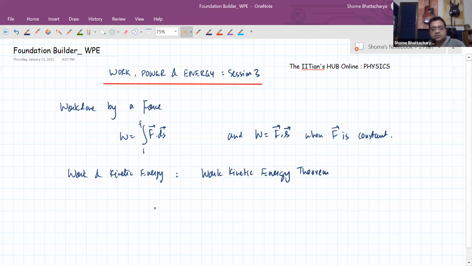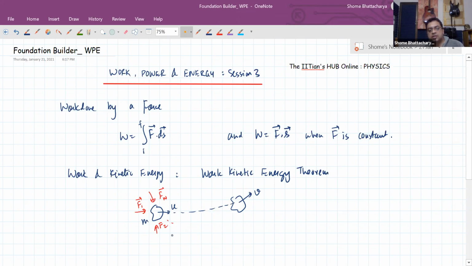So basically what happens is, suppose a body is moving with the initial velocity u, and there are a number of forces acting on it, a combination of many forces, F1, F2, like this. After some time we notice that the body's motion has changed from this to this, going along some kind of path like this.